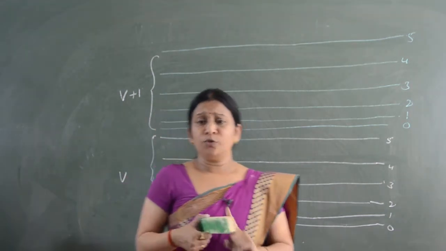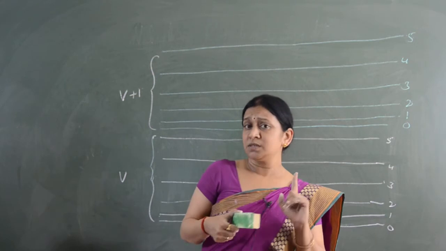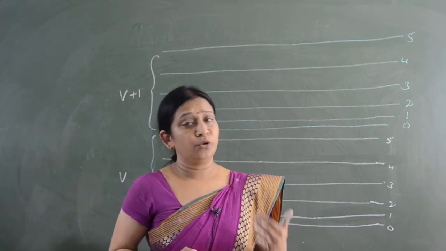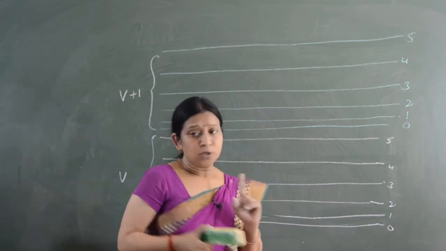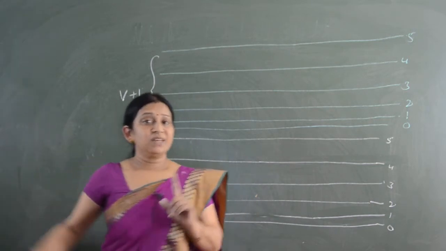The selection rule for vibration is plus minus 1 and the selection rule for rotation is plus minus 2. First we are going to draw Rayleigh scattering.